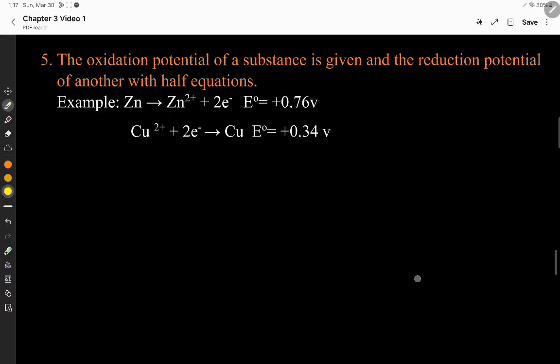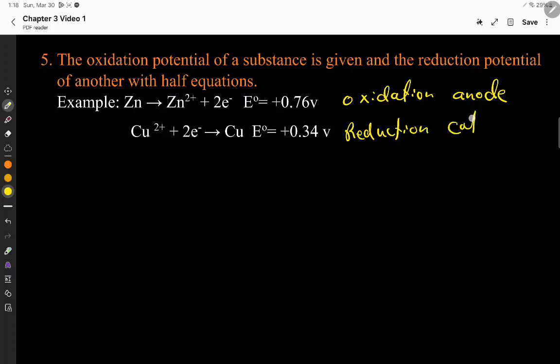Let's look at another way of having the questions. In such questions, it gives you one equation: zinc to zinc positive plus 2 electrons, and copper positive plus 2 electrons to copper. It gave us here oxidation at the anode, and it gave us another equation which is reduction at the cathode. We don't need to do anything.